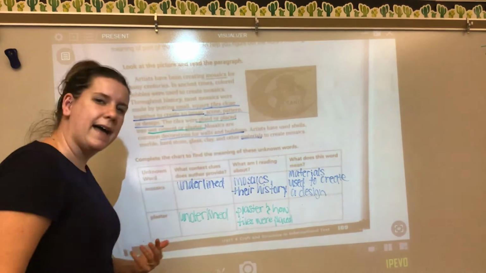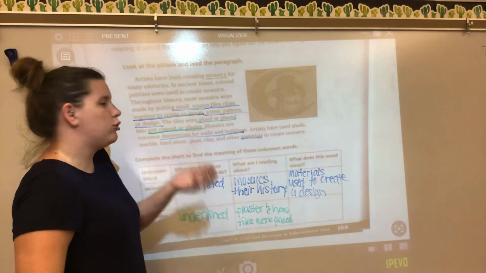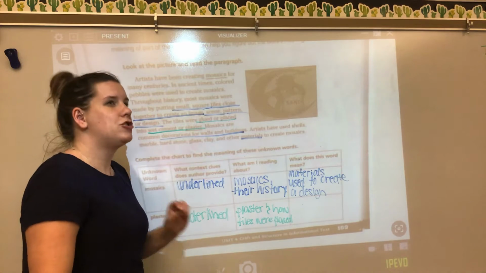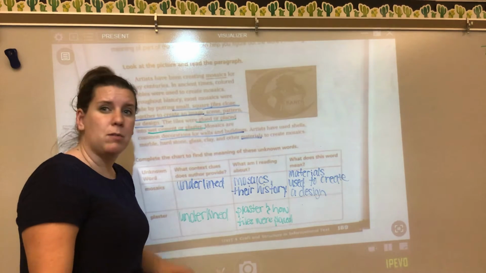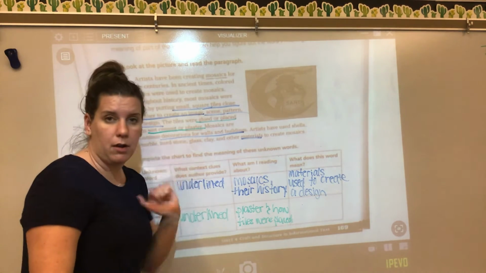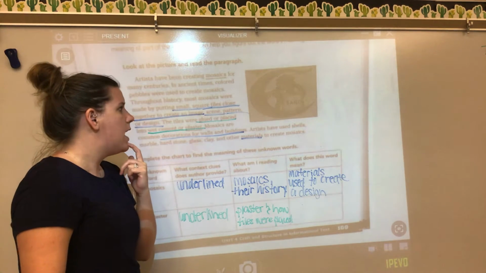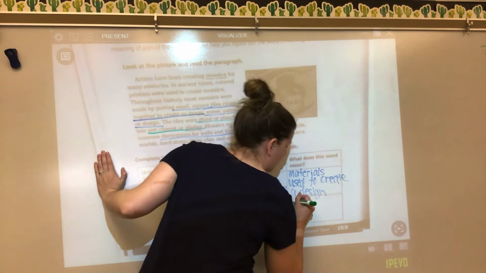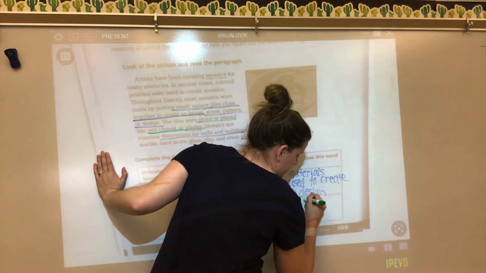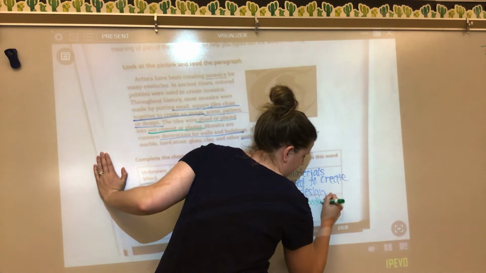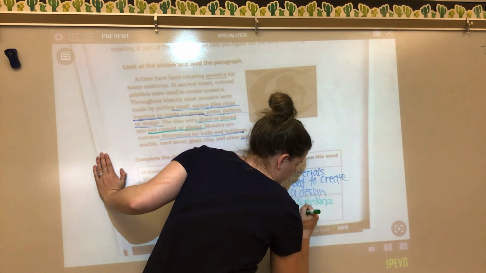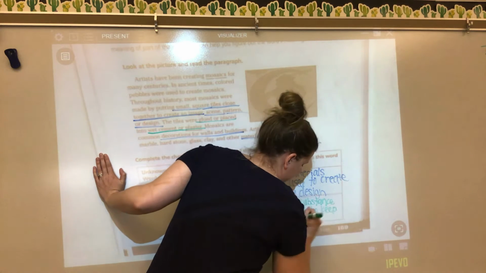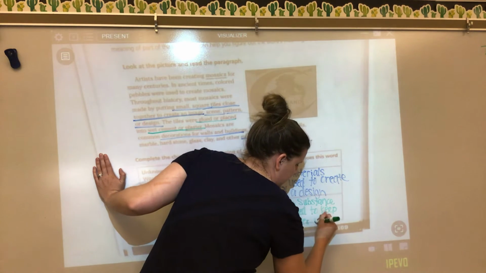So what is plaster? It says they're glued or placed into wet cement or plaster. So we know that it's somewhat like cement. We know what cement is because we can use our prior knowledge to help us figure that out. And I'm going to say plaster is a substance used to keep tiles in place.